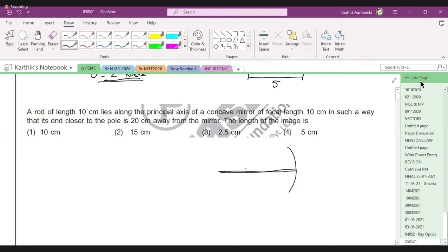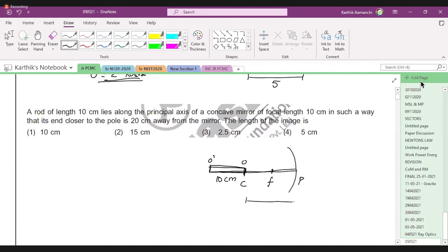See, if this is my center of curvature, this is my pole, the object is placed something like this, right? Let me take this as O dash. This is your focal point. This length is how much? 10 centimeters.